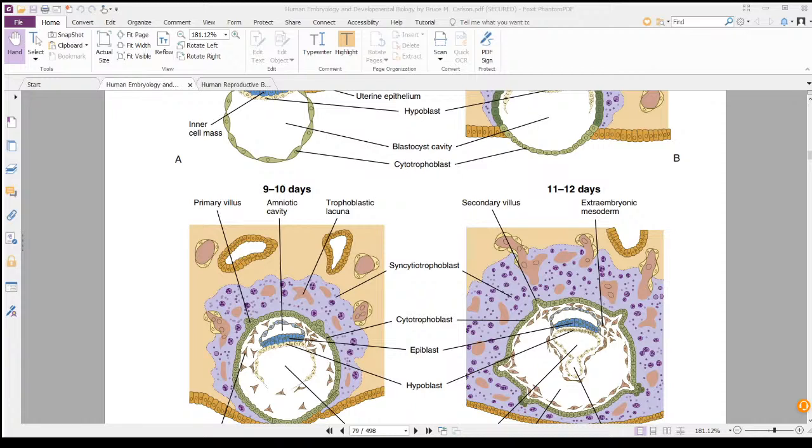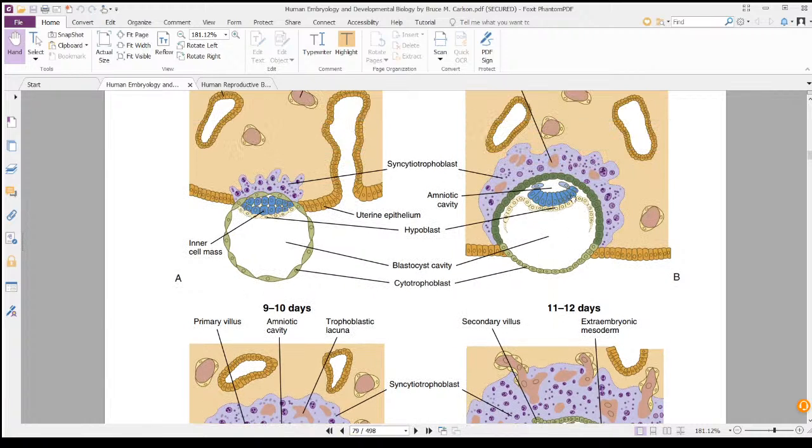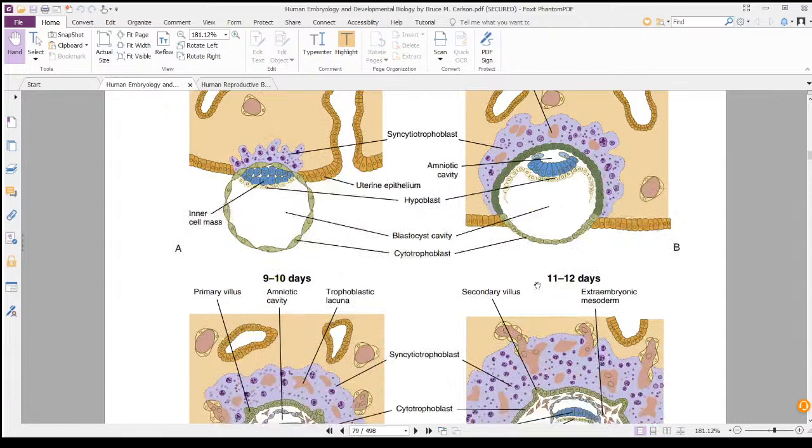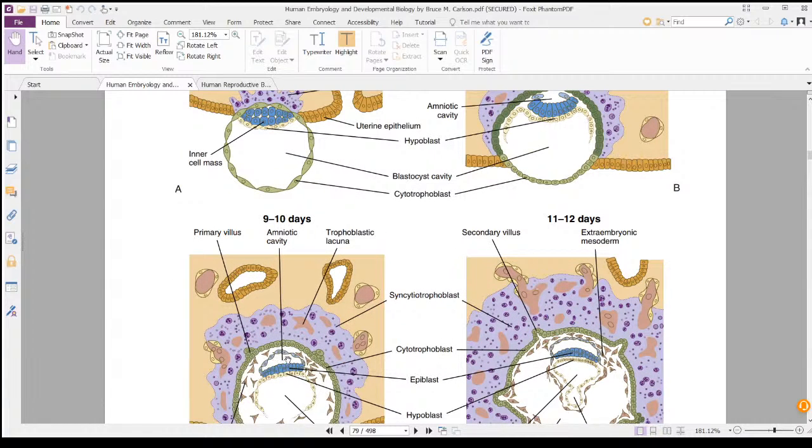You might be seeing here these cells, the decidual cells here and there. They swell, these are the decidual cells you can think of. This is the amniotic cavity that will be filled.